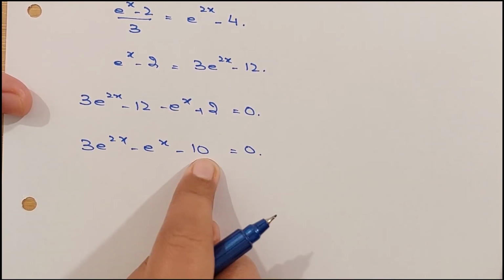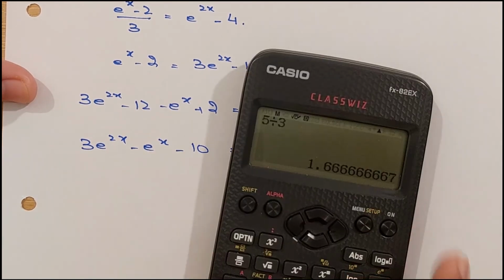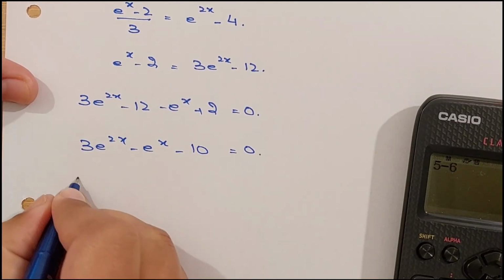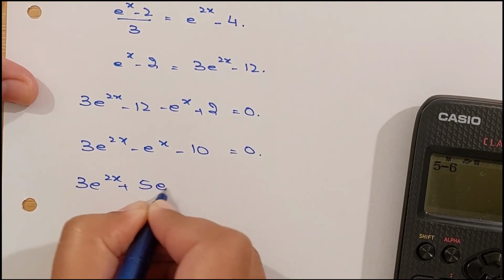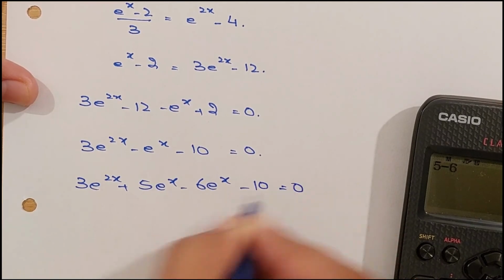Now 3 times 10 is 30, so we have to factorize 30. 5 times 6 is 30, and 5 minus 6 is minus 1. So 3 e power 2x plus 5 e power x minus 6 e power x minus 10 equals 0.